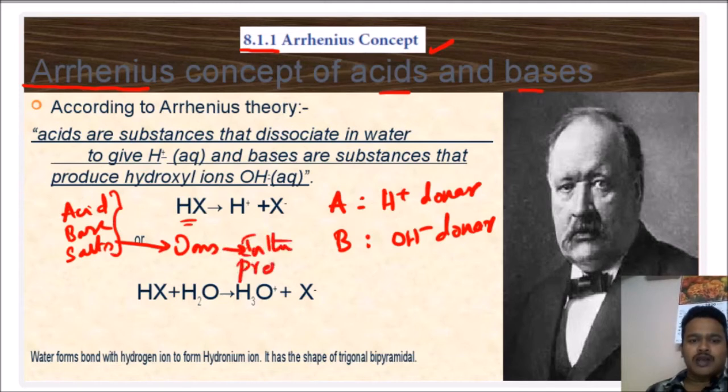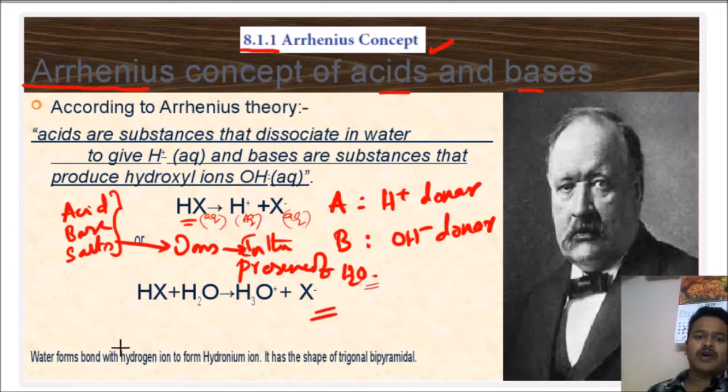This is a fact, but every time we are not writing H2O, so when writing an equation we represent it as aq, aqueous. Without water there is no ionization. This is the Arrhenius theory: which gives H plus ions is an acid, which gives OH minus ions is a base.